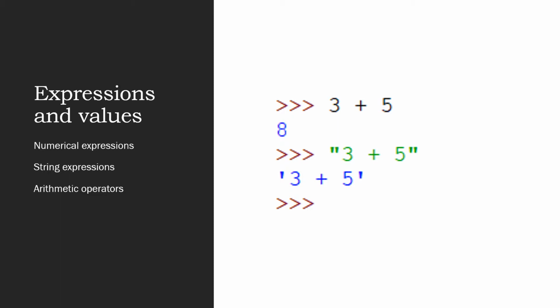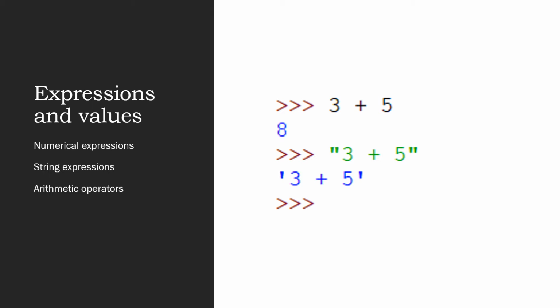So to recap, last lesson we used the Python shell to explore the relationship between expressions and values, and we saw that there were two broad categories of expression: numerical expressions, which the computer evaluates in terms of their number value, and string expressions, which are enclosed in quote marks, and the computer evaluates them in their literal sense.